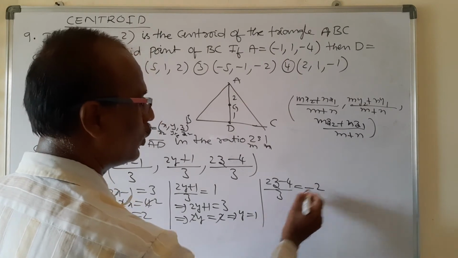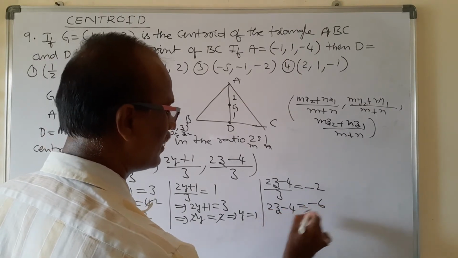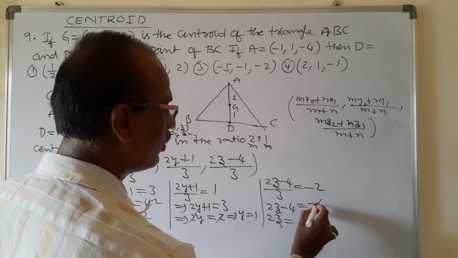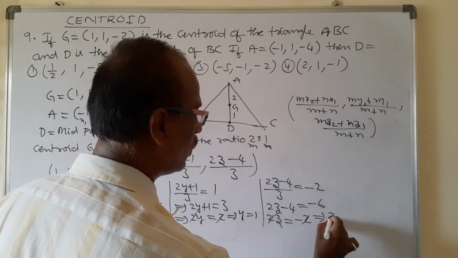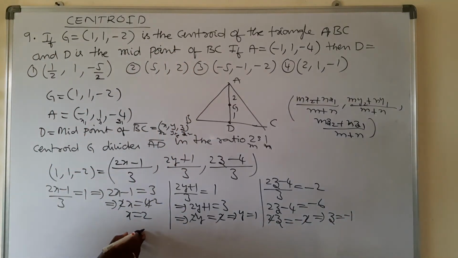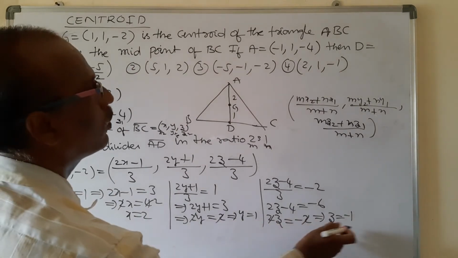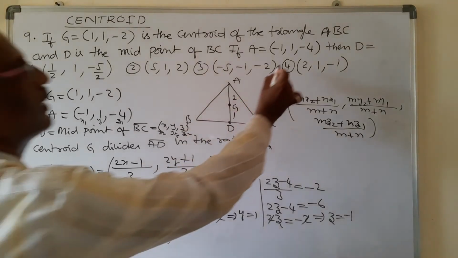Cross multiply: 3 into minus 2 is minus 6. 2z minus 4 equals minus 6. 2z equals minus 6 plus 4, minus 2. z equals minus 1. Here x equal to 2, y equal to 1, z equal to minus 1. The D coordinates are (2, 1, minus 1). Here the fourth option is correct.